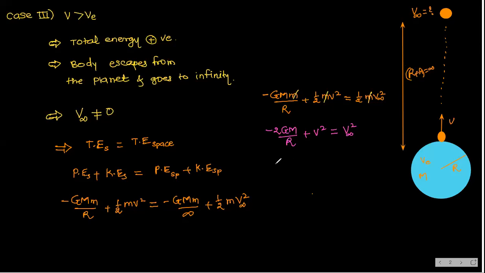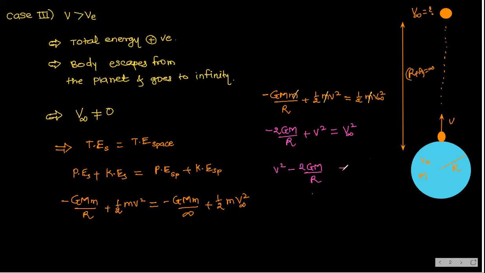See, what I am doing, I am writing first v square minus 2GM by r is equal to v infinity square. Any doubt? Clear? Any doubt?